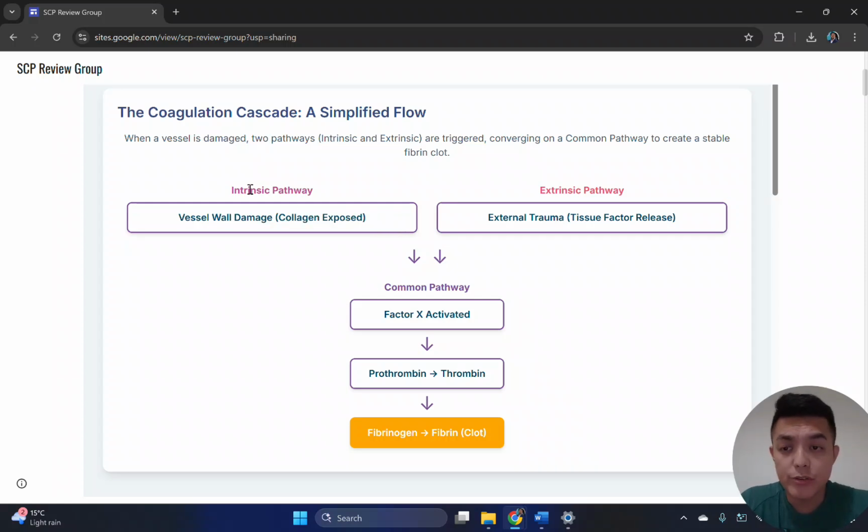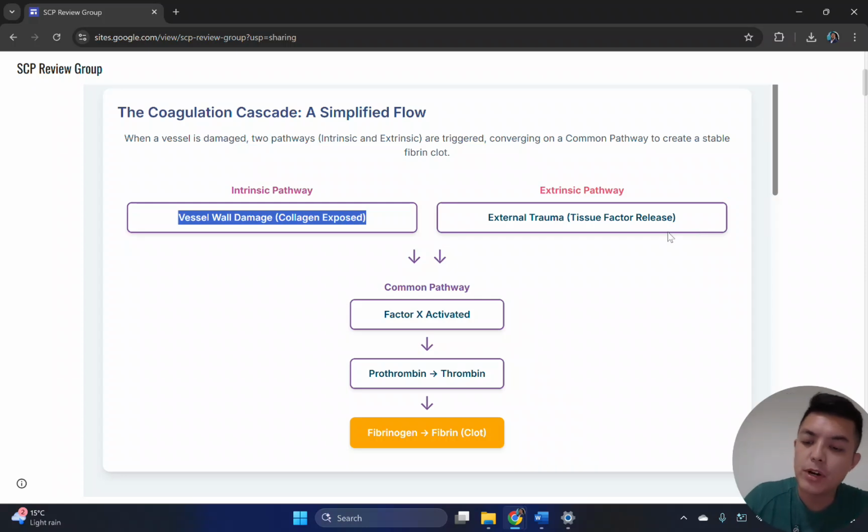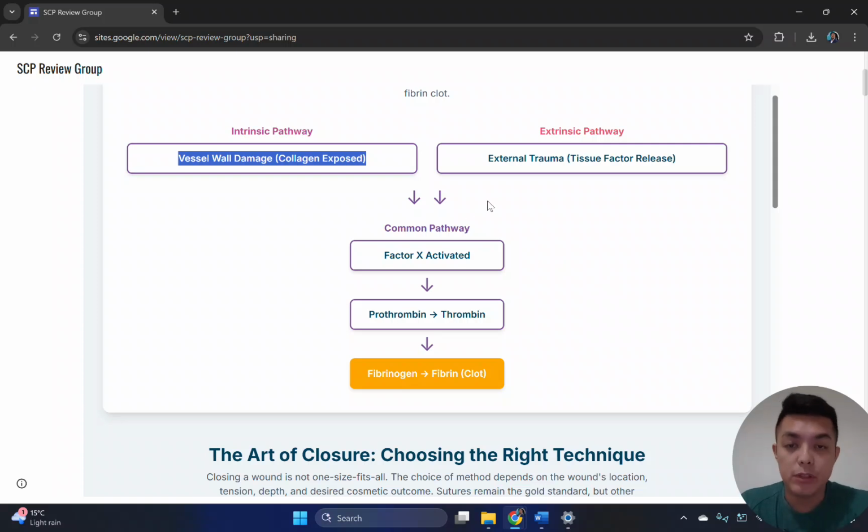But for intrinsic, it will be vessel wall damage. It will be inside the body, and the extrinsic pathway is more influenced by external trauma, wherein there will be a tissue factor release. They will go to a common pathway. Again, we will discuss this more in detail later.